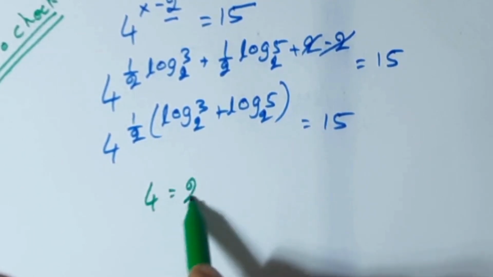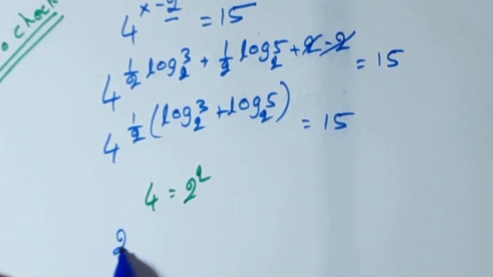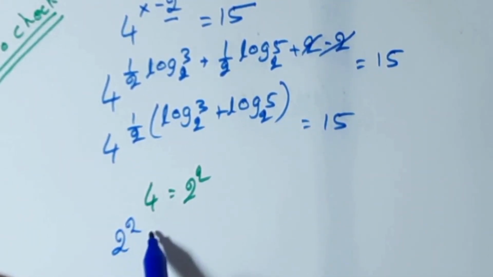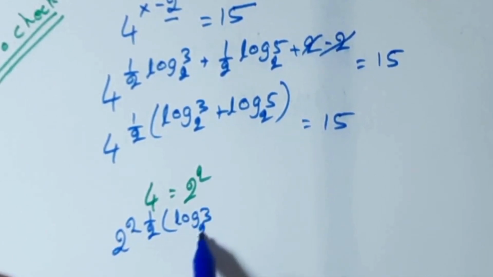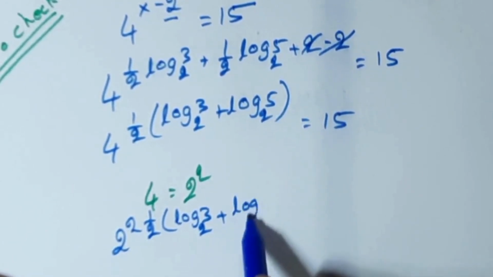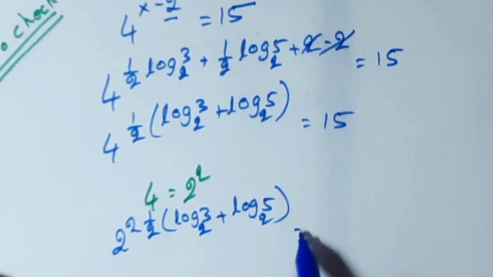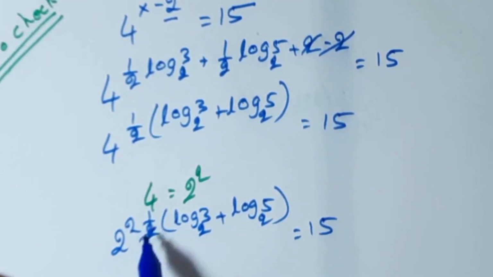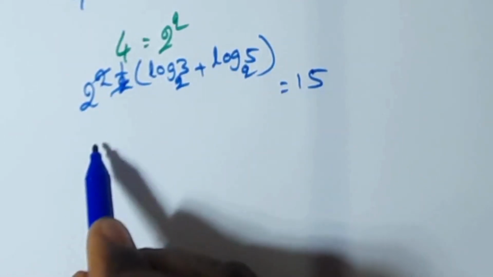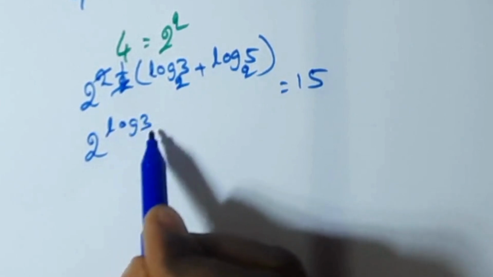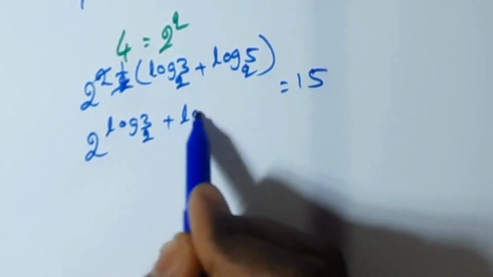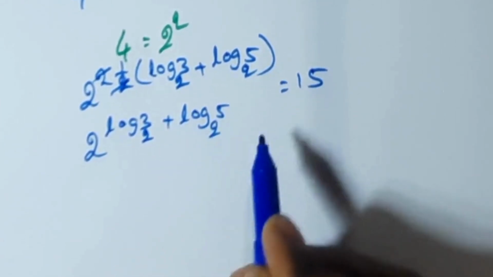4 equal to 2 square. Now 2 square to the power 1 by 2 open bracket log 3 base 2 plus log 5 base 2 equal to 15. This 2 gets cancelled with this. So we have 2 to the power of log 3 base 2 plus log 5 base 2 equal to 15.